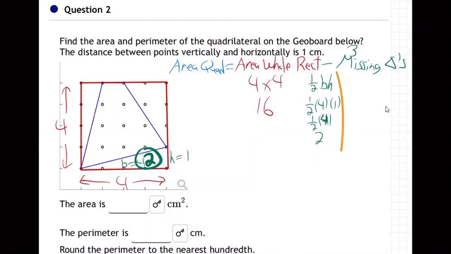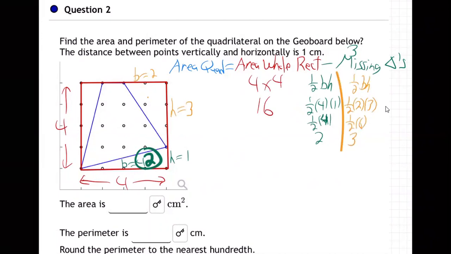Okay. Next, let's do the next triangle. So I'm going to say this triangle here, his base is 2, his height is 3. He's 2 by 3, and so that's half base times height. I'll write the formula again first off. Area of a triangle is always half base times height. So that's half of 2 times 3, half of 6, and half of 6 is 3.